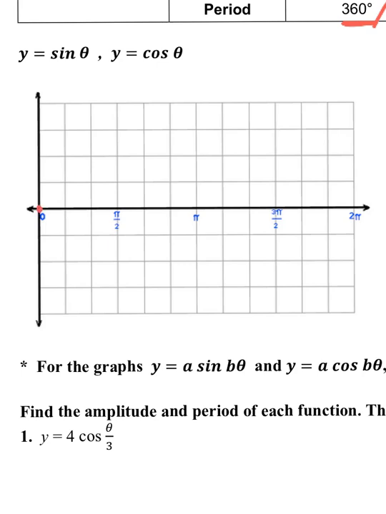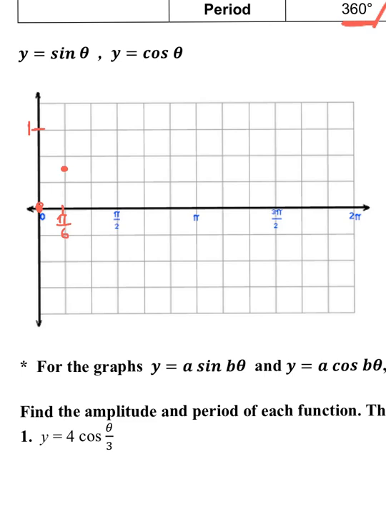So that's going to be my first point. Then moving along at pi over 6, also 30 degrees, sine is going to be 1/2. Let's mark this as 1 up here. Pi over 6 is 1/3 of the way to pi over 2, so halfway will be right around here.